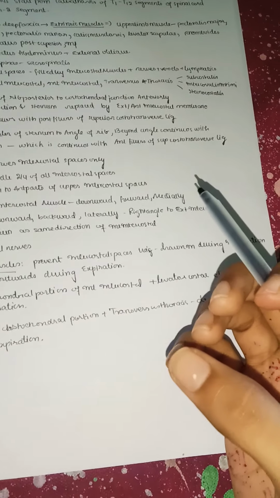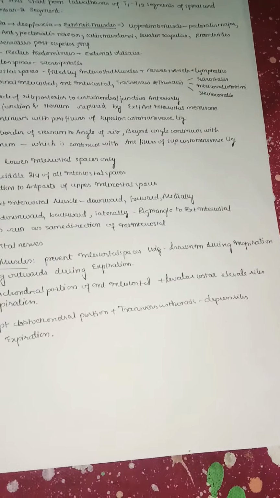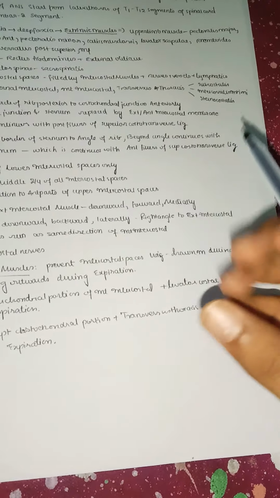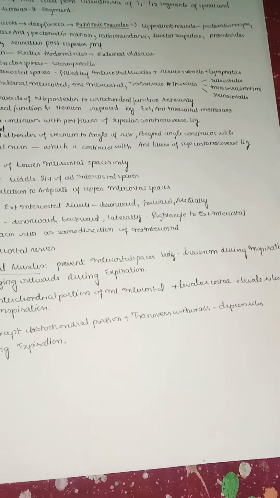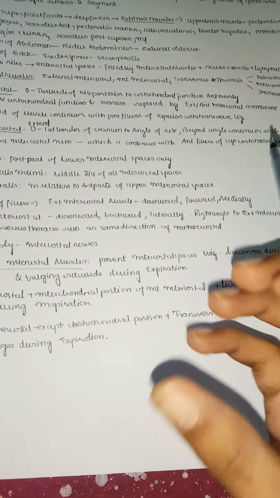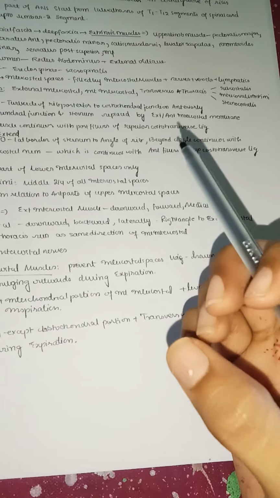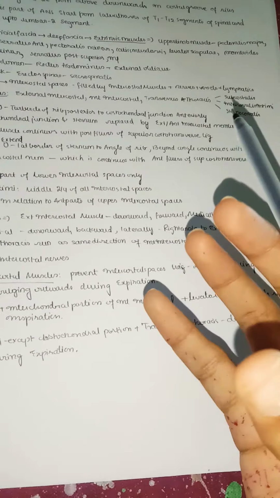So for example, if you are inspiring, your cavity will increase because you need to suck more air inside. So at that time there is a chance of the intercostal spaces being sucked inward, and they prevent that. And they also prevent the bulging outward during expiration, because during expiration you need to increase the force and pump it out, right? So at that time the muscles may bulge out, so it prevents that.